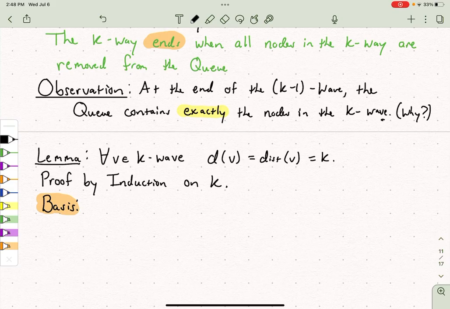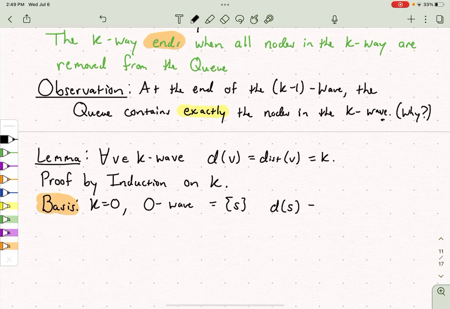Let's start with the base case, k equals 0. Well, the only thing distance 0 from S is S itself. In particular, the 0 wave, by definition, is just equal to S, and we initialize the distance of S to be 0, and that in fact is the correct d of S. So that part's easy.